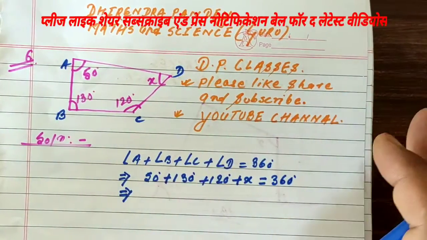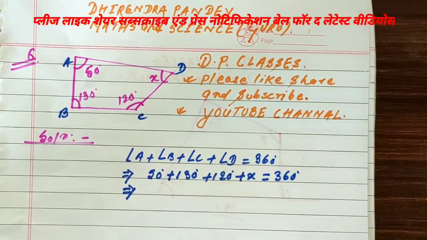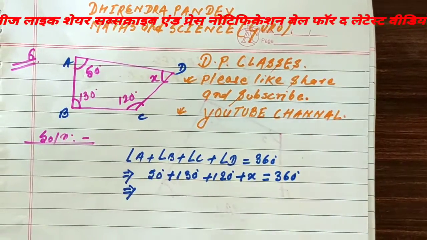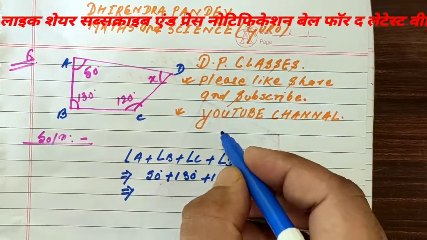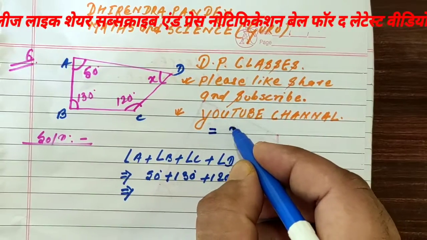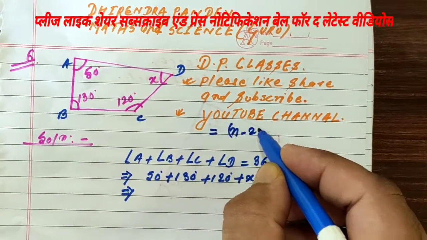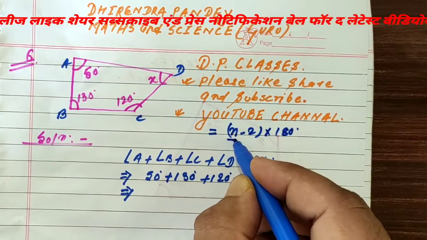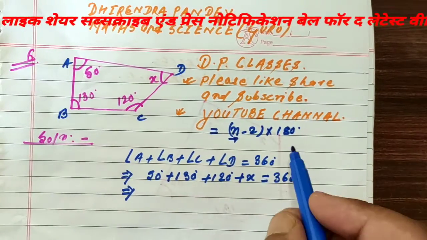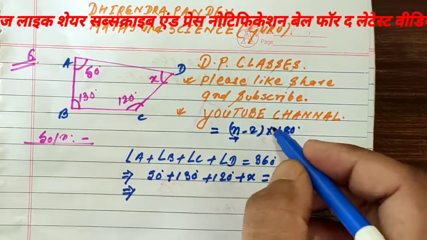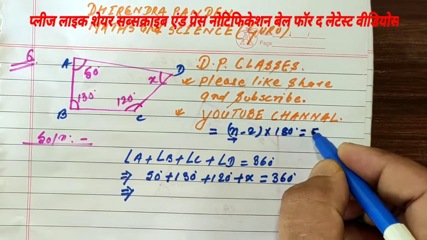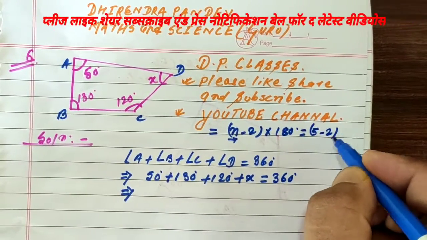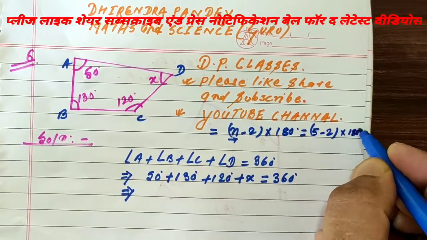If it is not a quadrilateral, suppose it has more than 4 sides, 5 sides, 6 sides, in that case we have to use the formula (n minus 2) into 180 degrees, where n stands for the number of sides. Suppose there are 5 sides, so we have (5 minus 2) multiplied by 180 degrees.